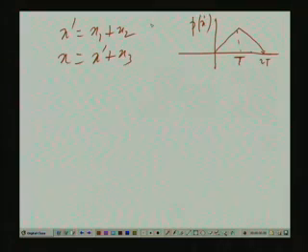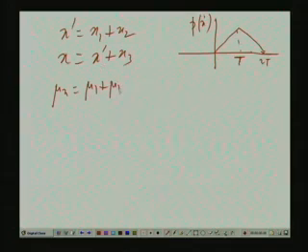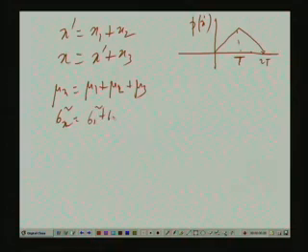So, obviously mu x will be mu 1 plus mu 2 from x prime, and mu 3, and sigma x square will be sigma 1 square plus sigma 2 square from x prime, and then sigma 3 square from x3, they are all statistically independent IID. Okay. So, just a summation of means and summation of variances.